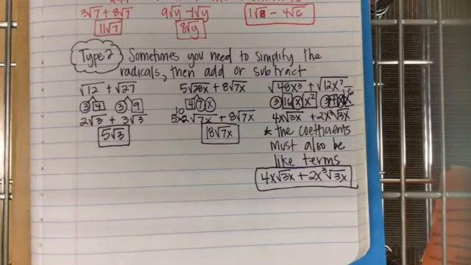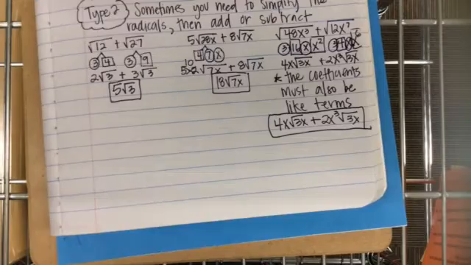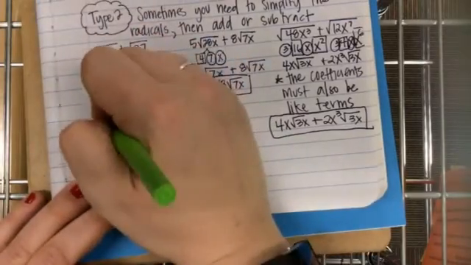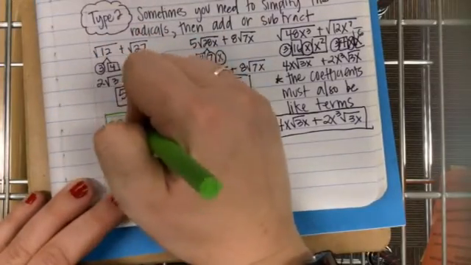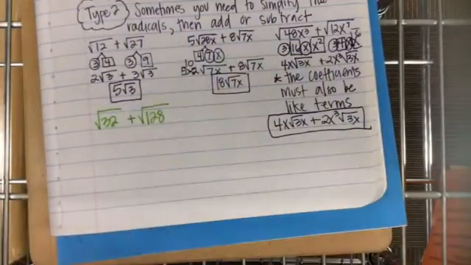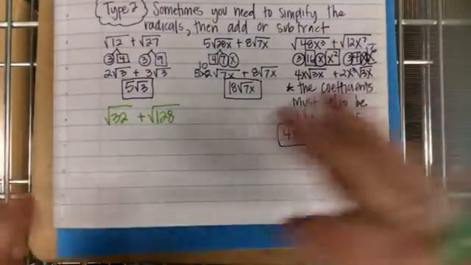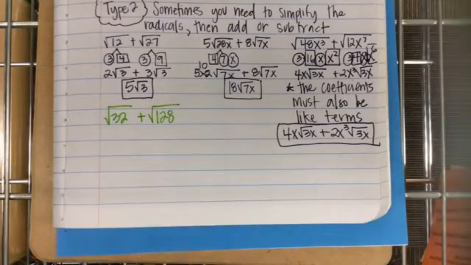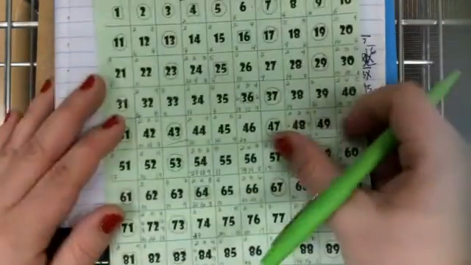All right, so let's try a big numbered one. Let's just show that we can do it. So if I gave you radical 32 plus radical 128. 32 is pretty easy to simplify because it's on my factor square.